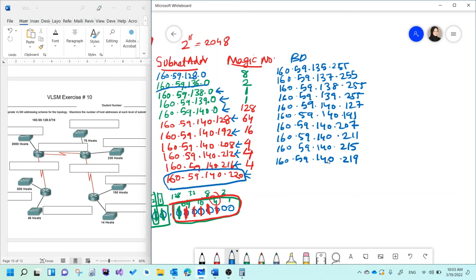Now the first IP would be nothing but 1 plus the subnet address. I will just write FIP.